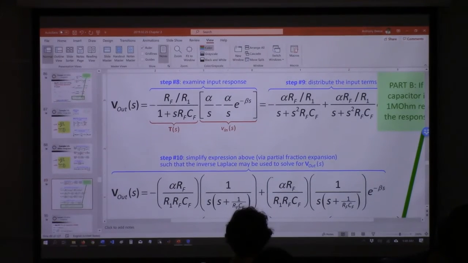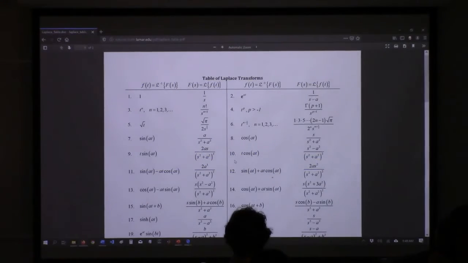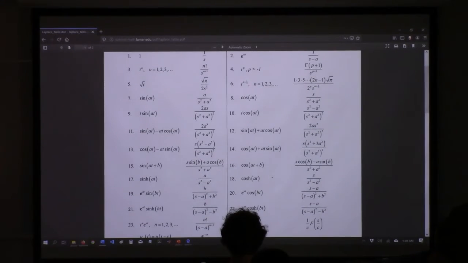If we look at the table, we're going to be aiming for this entry as well as this entry right here. We don't have any cosines or sines. We don't have any repeated roots, at least not that we know of.